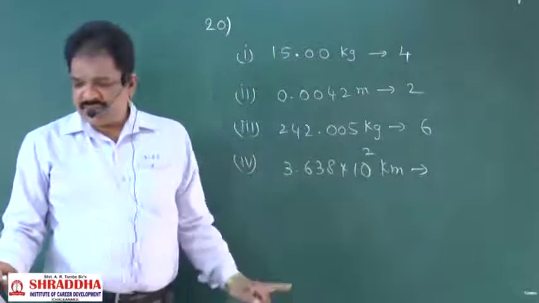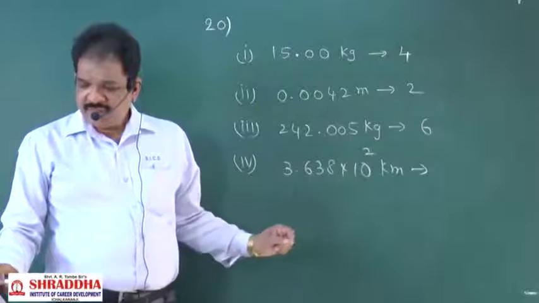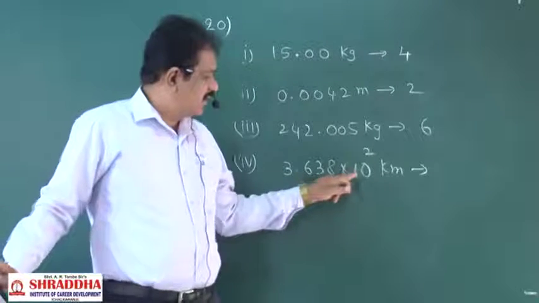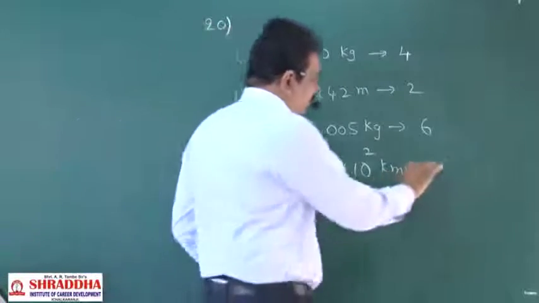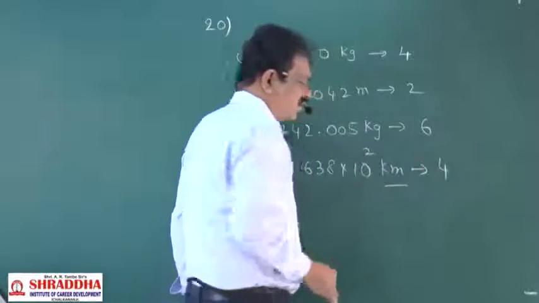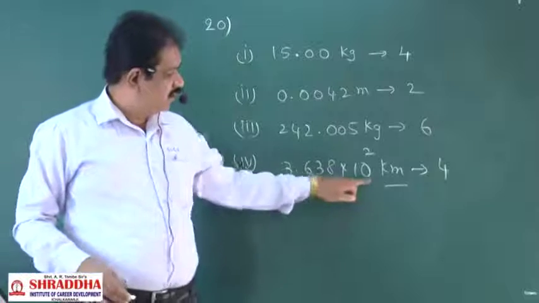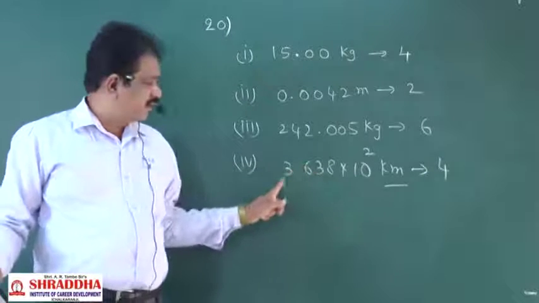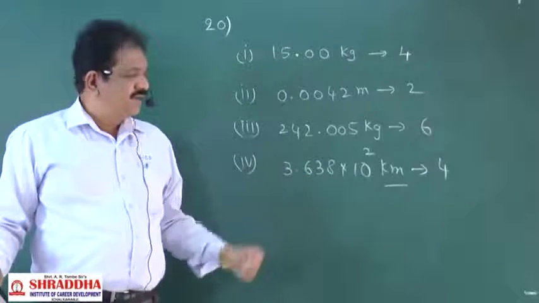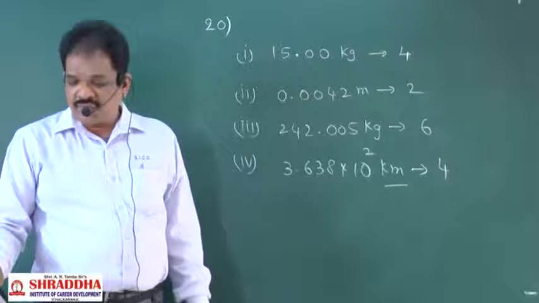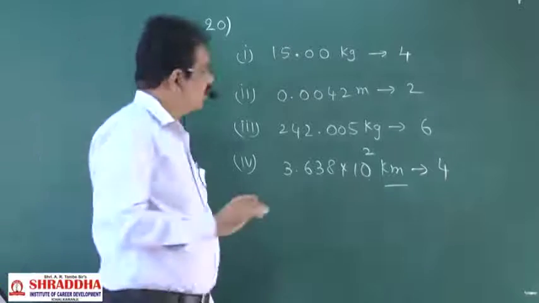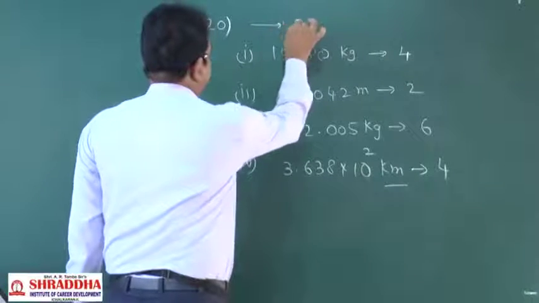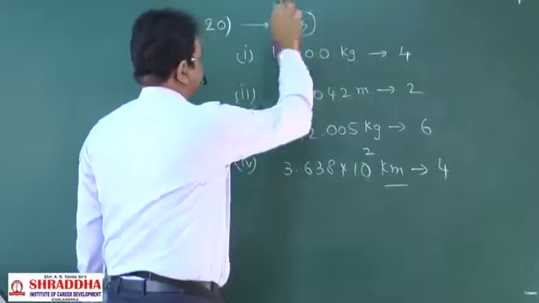No need to consider the unit, and no need to consider this 10 power. It will have 4 significant figures: 4264. B will be the option for this.